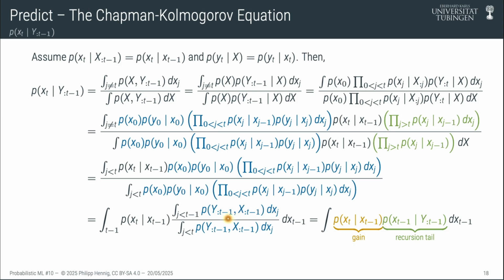So this will be a p of y up to t minus 1, right? Because we're integrating out all the other x's, which is the term you're looking for in Bayes' theorem. And this will be a p of y given all the x's up to t minus 1. And then we integrate out all the x's up to t minus 2.